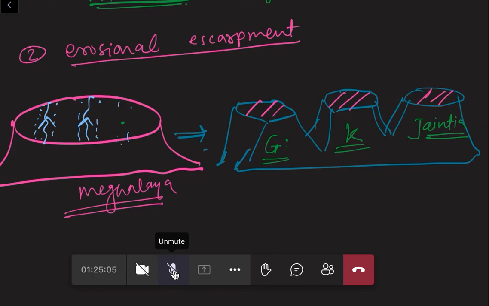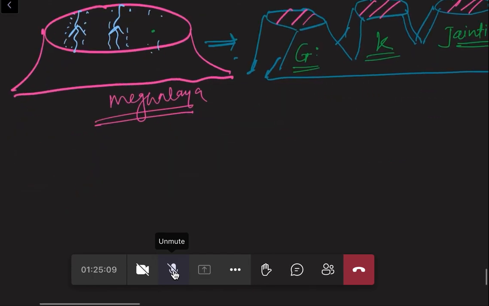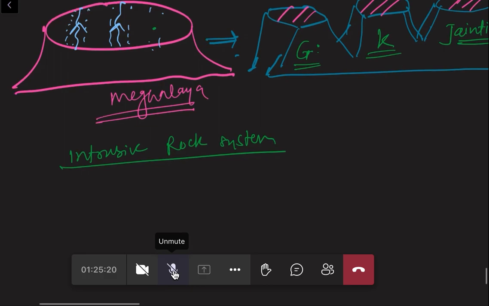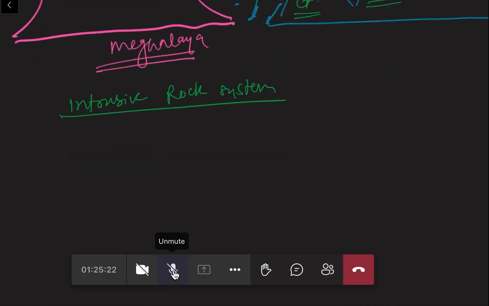Now, escarpments can also be because of the intrusive rock systems that we have. What are intrusive rocks? We have seen there are sills and dikes. So what happens sometimes? This is the land from outside. This is Earth's crust.